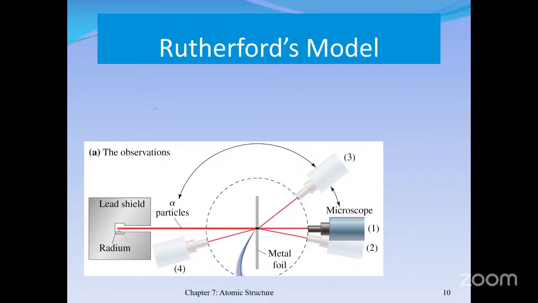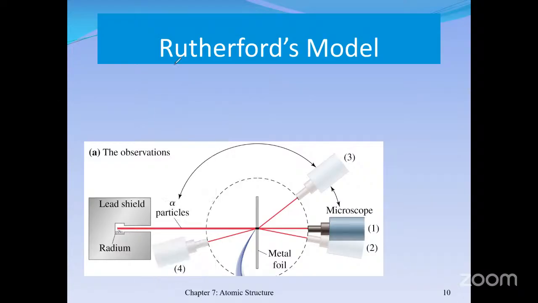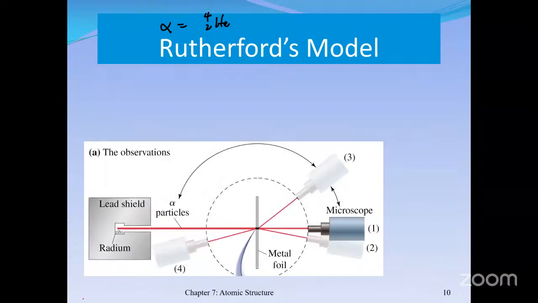So an alpha particle is the same as a helium-4 nucleus, which is positively charged. A stream of those particles is allowed to hit this metal foil, which is a piece of gold.